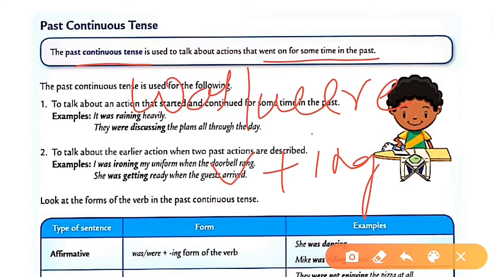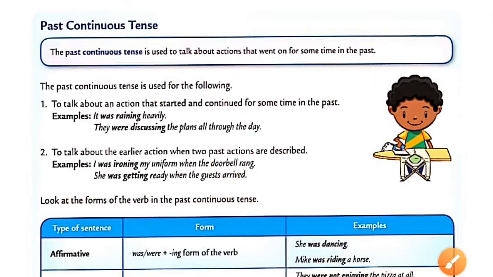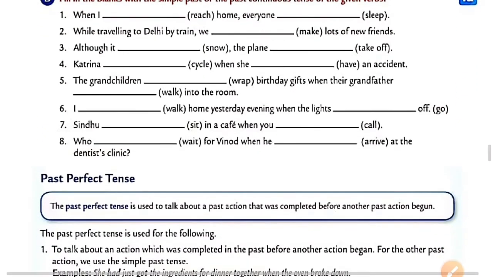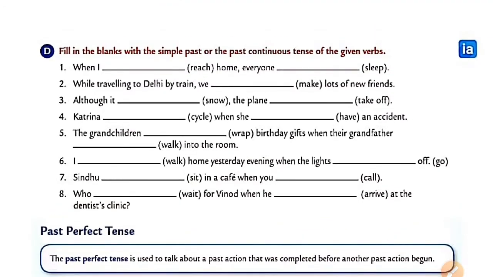She was getting ready when the guest arrived. Move to next, D part. Fill in the blank with simple past or past continuous tense of the verbs given. Just check whether the sentence was continuing in the past or has finished. If it has finished, then it is simple past tense, otherwise past continuous tense.